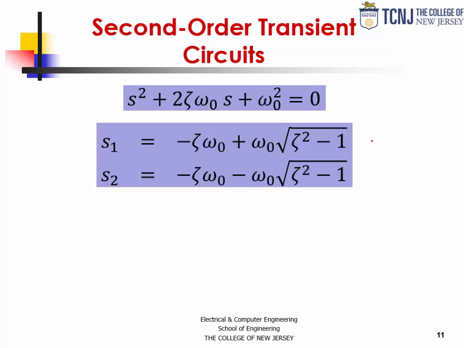That auxiliary equation in general is going to have two roots given by s1 equals minus theta times omega naught plus omega naught times the square root of theta squared minus 1, and s2 equals minus theta omega naught minus omega naught times the square root of theta squared minus 1.